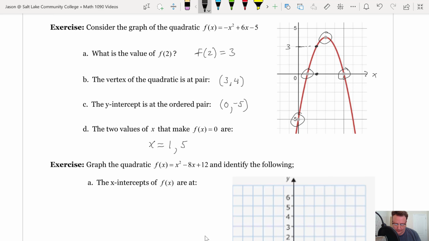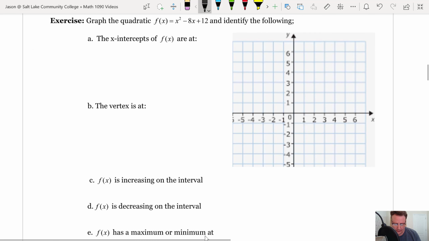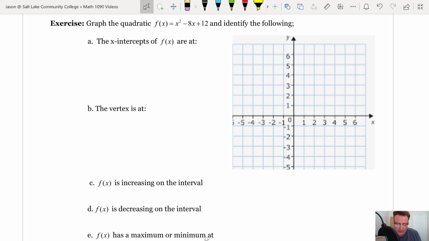Okay, moving along. Graph the quadratic f of x equals x squared minus 8x plus 12 and identify the following. Well, what I'm going to do is actually go through all the steps here, steps A and B at least, and then graph the function.